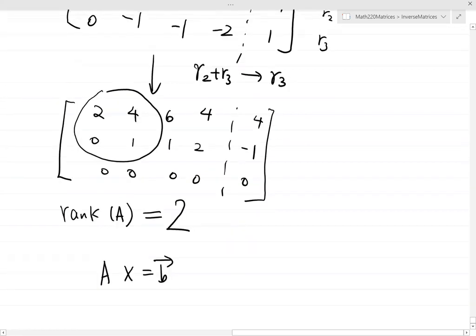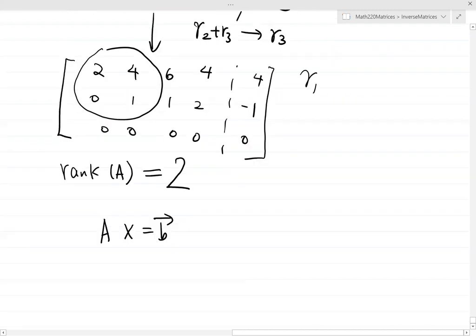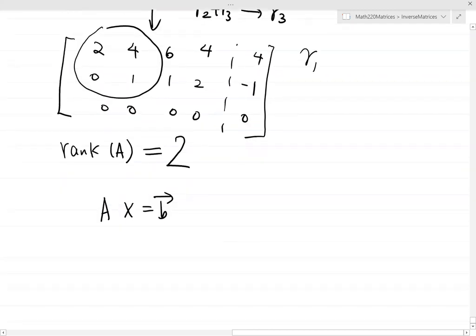Then the first row R1: every entry is a multiple of 2. If we divide every entry by 2, then we get this: 1, 2, 3, 2; 0, 1, 1, 2; 0, 0, 0, 0.